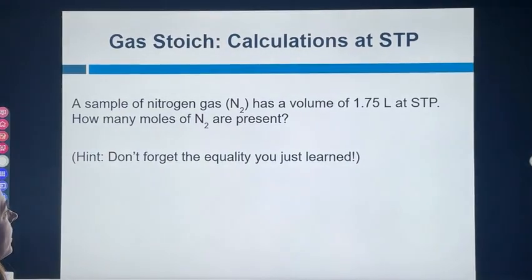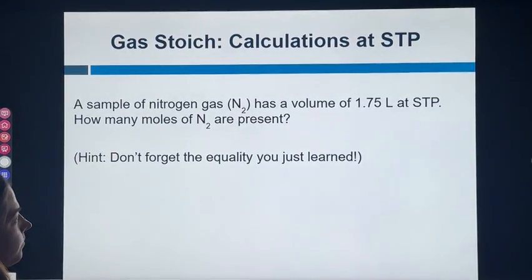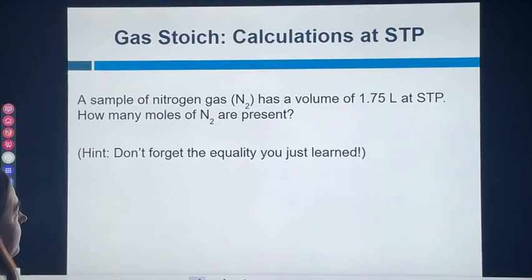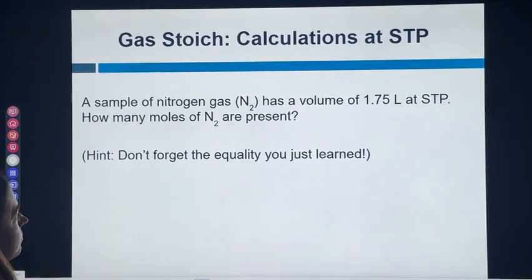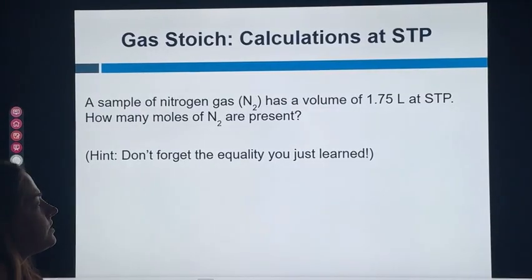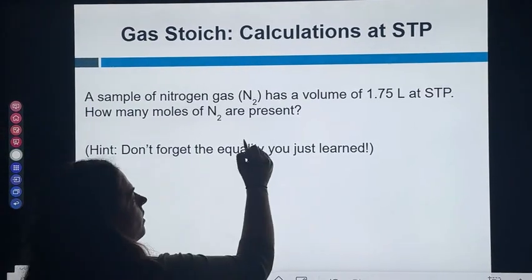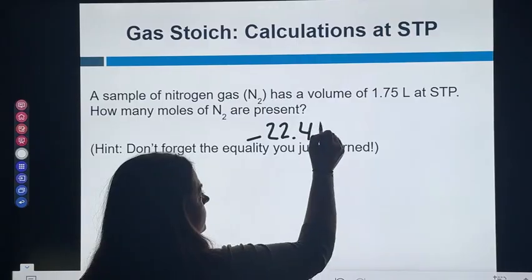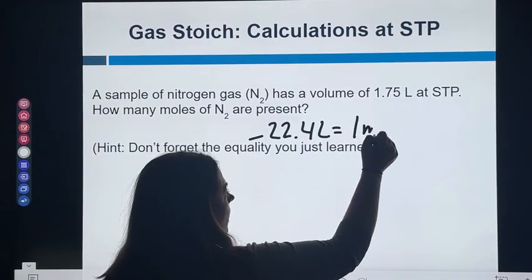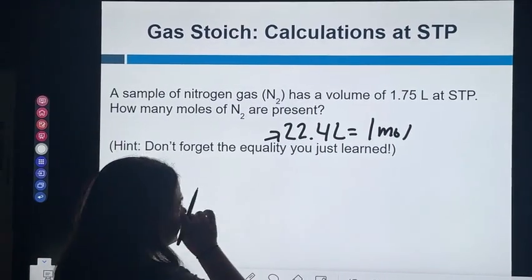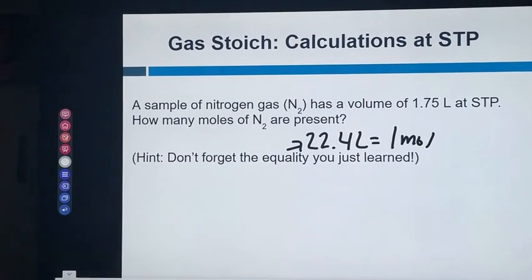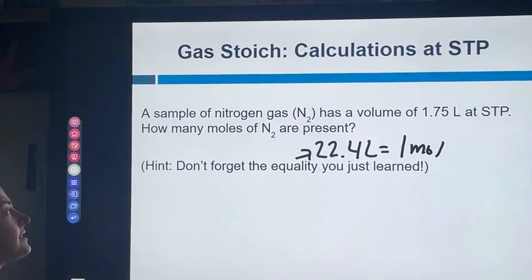A sample of nitrogen gas, N2, has a volume of 1.75 liters at STP. How many moles of N2 are present? Don't forget, you did just learn an equality: 22.4 liters is equal to 1 mole. So we don't even need an equation here because we are at STP.